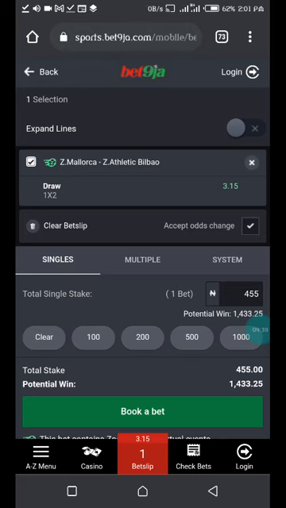You're going to be making profit due to the calculations. So you can see that if I've entered for this, I'm going to be making a 1433.33 profit. So the strategy is basically to stake for the home, the away, and the draw.